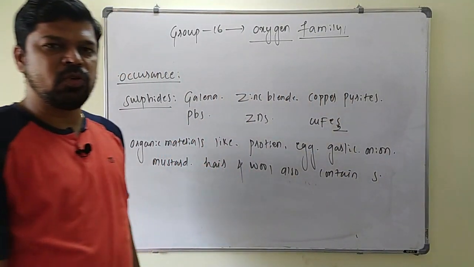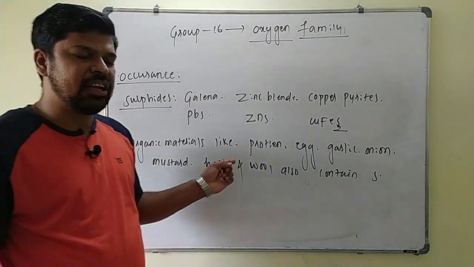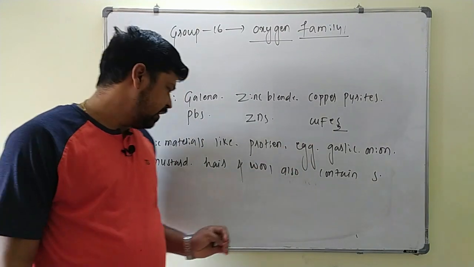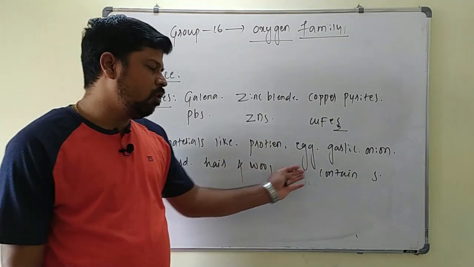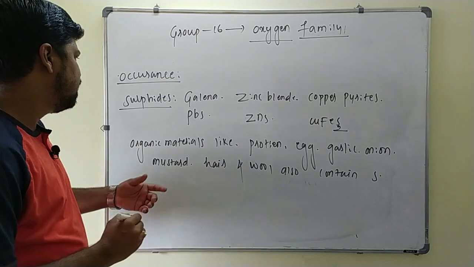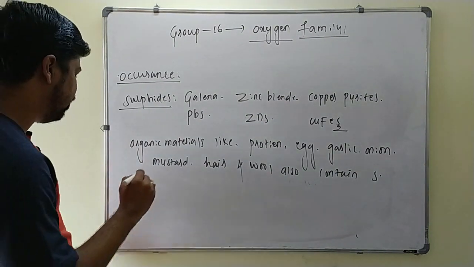These are the main sources of the sulfur. Organic materials like protein, egg, garlic, onion and mustard, hair and wool, all these contain sulfur.